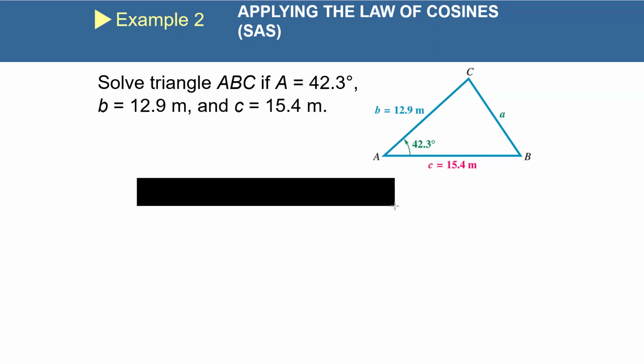No, it's -2 times 12.9 times 15. Yeah, but it's multiply, then the cosine of that. Look, it's B squared plus C squared minus 2 times B times C cosine of A. Oh, okay, multiply these two, and then put the cosine. Yeah. Got it? And you've got to do what with that 109? There we go.